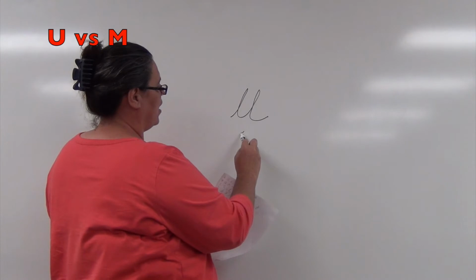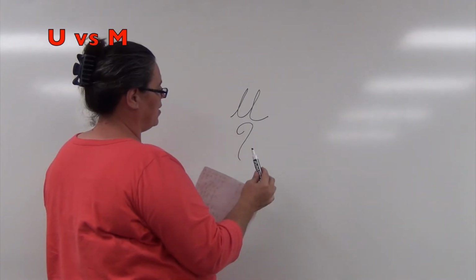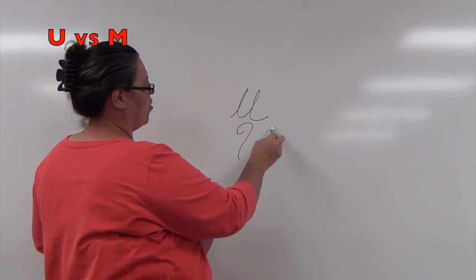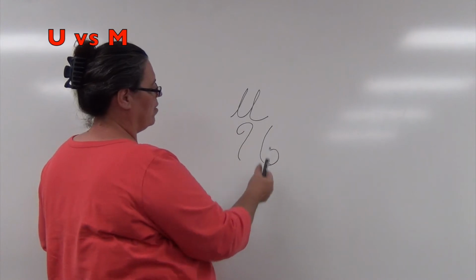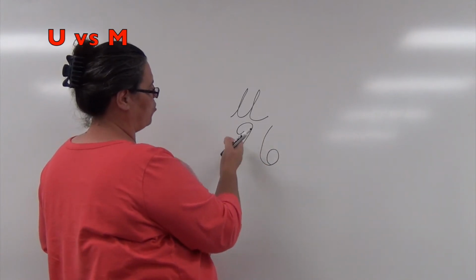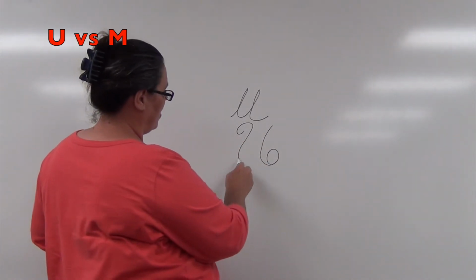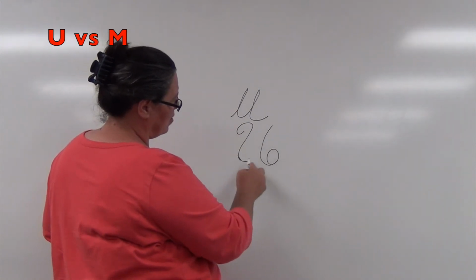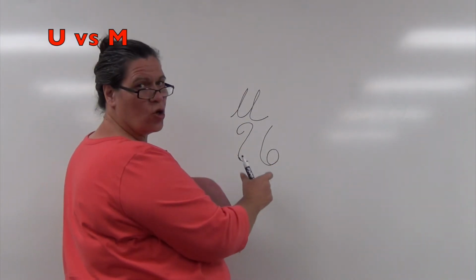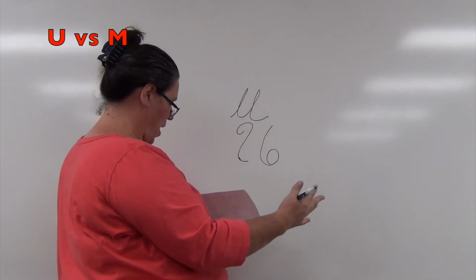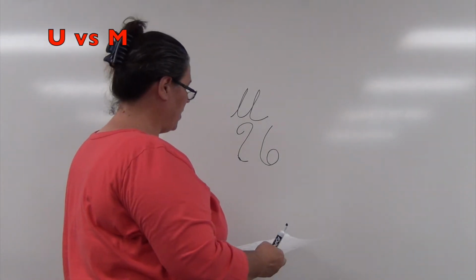Once in a while, you'll get a U that'll look like this, and then there will be another line over here. You think this is a B, you're trying to figure out what that is, but it really is a U. The two parts together make the letter U.